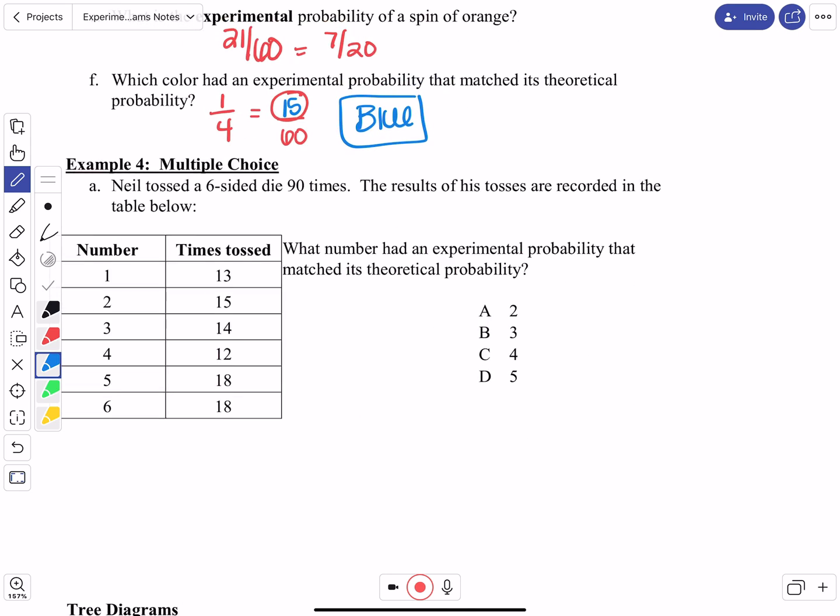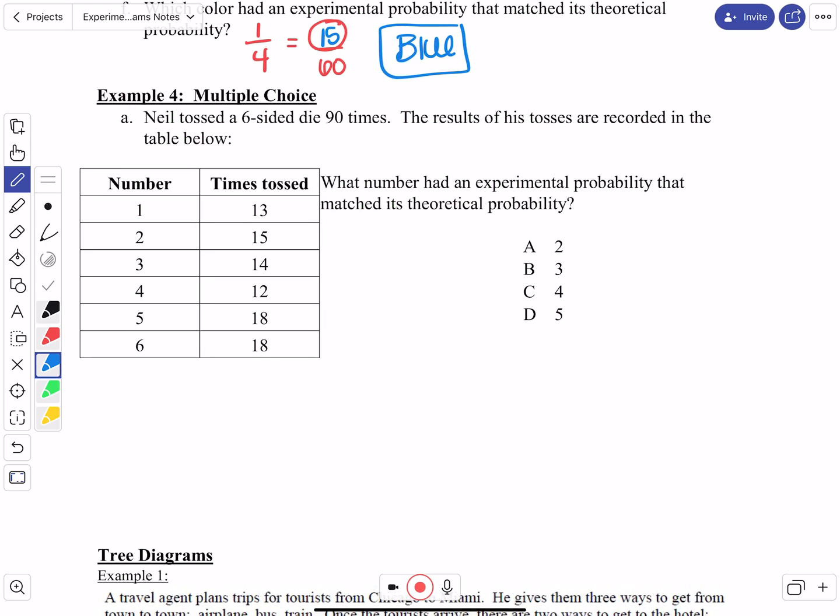All right, example 4. So this is the same type of question. It's just designed as multiple choice. Neil tossed a 6-sided die 90 times. The results of his tosses are recorded in the table below. What number had an experimental probability that matched its theoretical probability? So since we're talking about a die, we're looking for something that's going to equal 1/6.